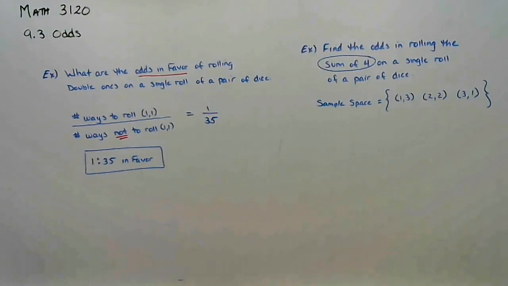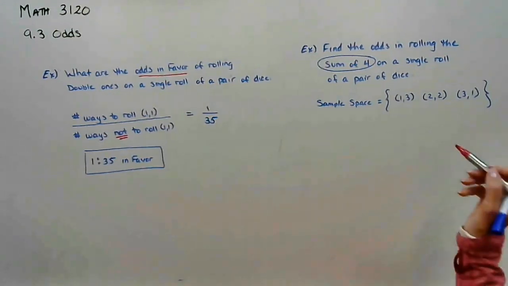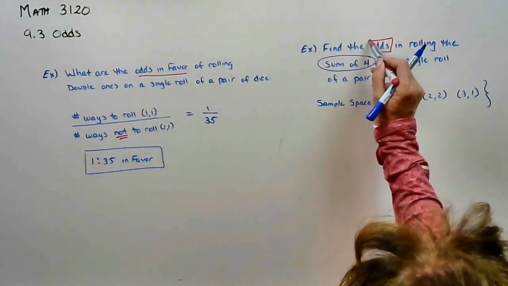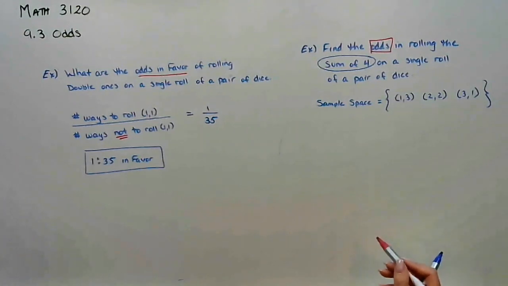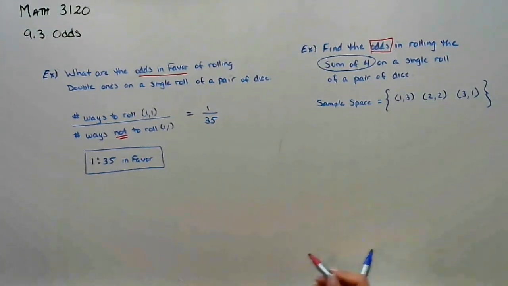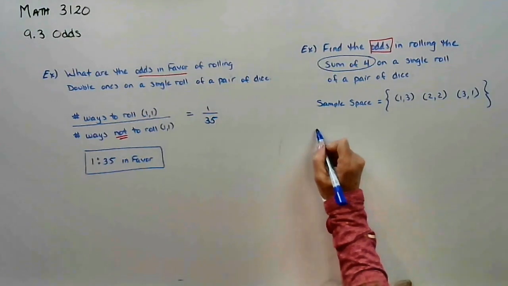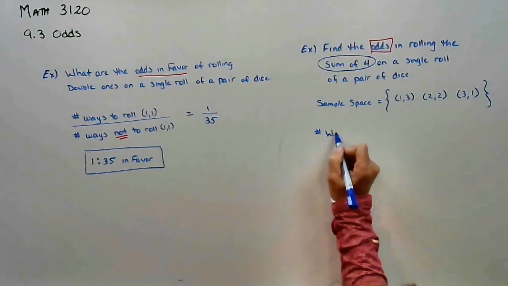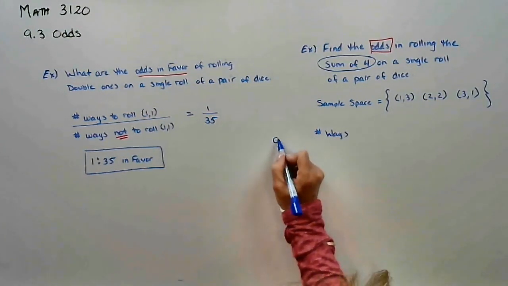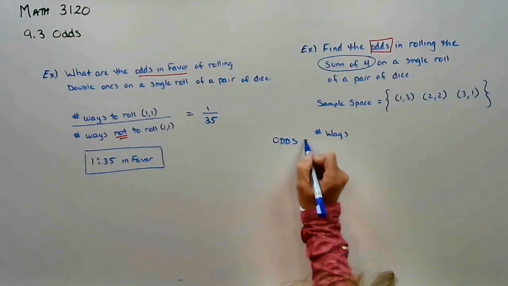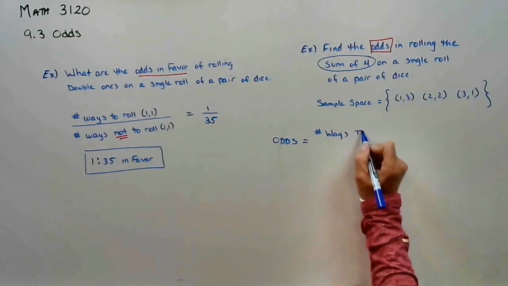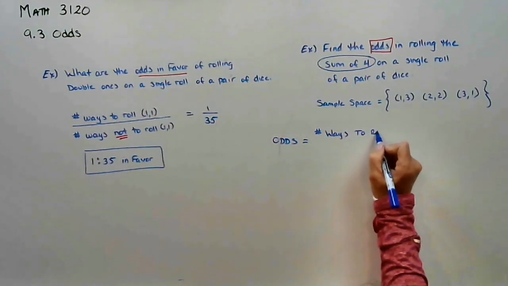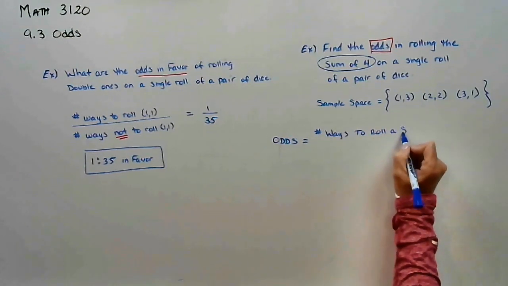So now we're looking for odds, not the probability. We want the number of ways we can roll a sum of 4 divided by the number of ways we cannot roll a sum of 4. This is odds.